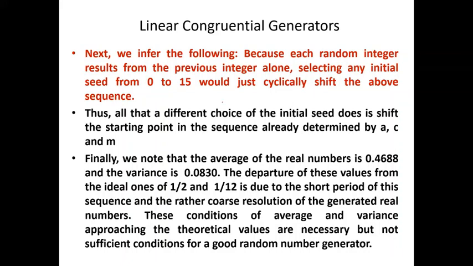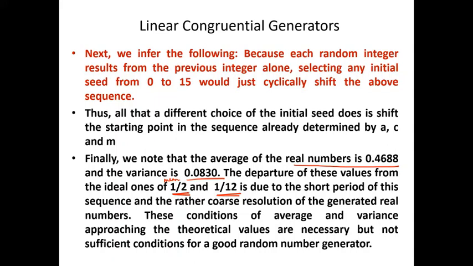Again, as I was telling you, we note that the average of the real numbers is 0.4688 and the variance is 0.0830. What are the ideal values? The mean or average should be half, 0.5, and the variance ideal value should be around 1 by 12. If you try to compute, this 0.46 is slightly less than half and 0.083 is slightly less than 1 by 12.